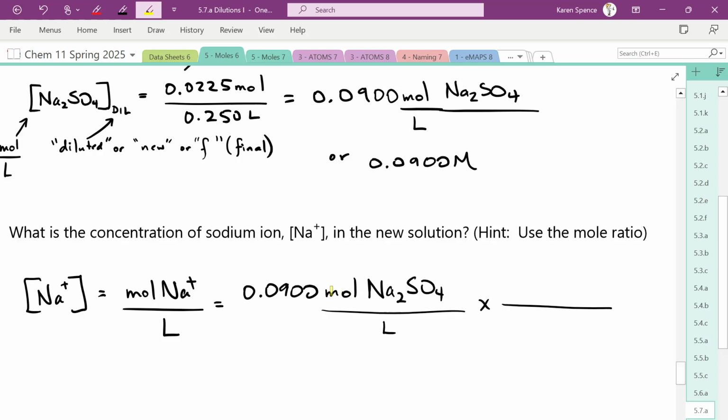Yeah, we want to cancel the moles of Na2SO4, so that needs to go down here. Moles of Na2SO4. And we need to find the moles of Na plus.